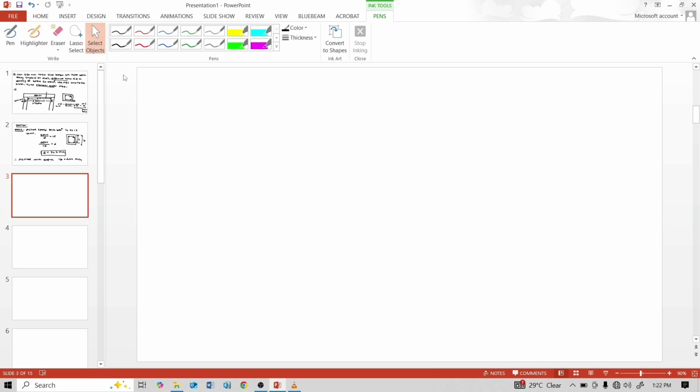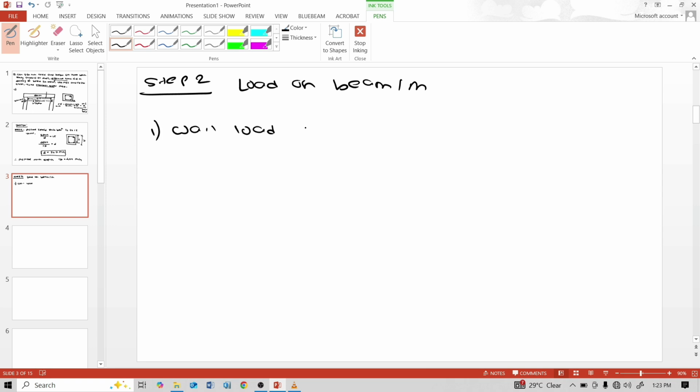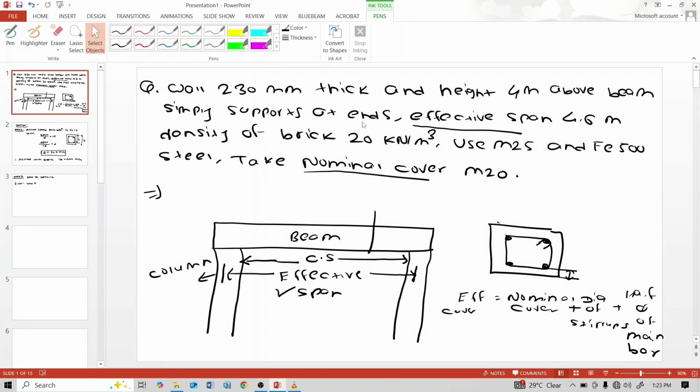Next, step 2. Calculate load on beam per meter. Wall load, first wall load. They have given wall height is 4 meter and wall thickness is 230 mm.